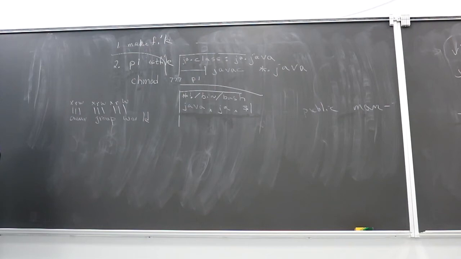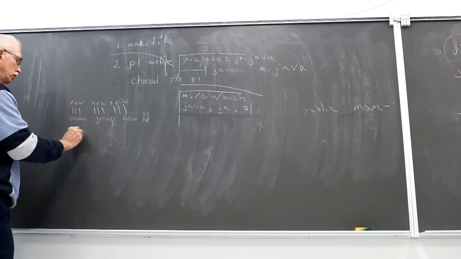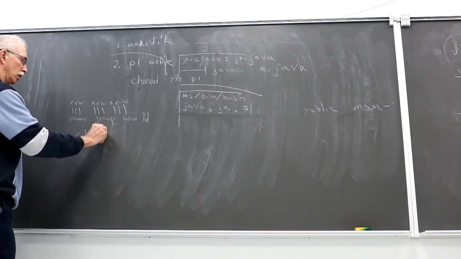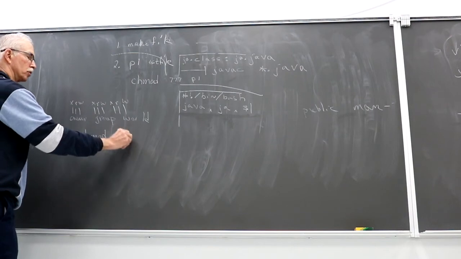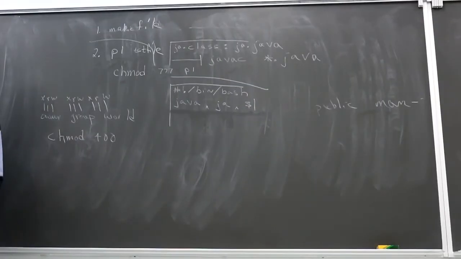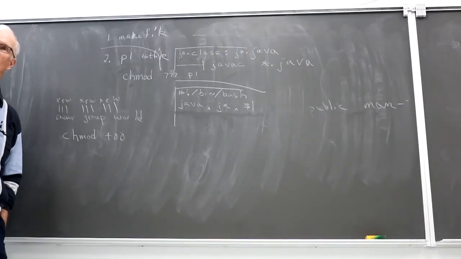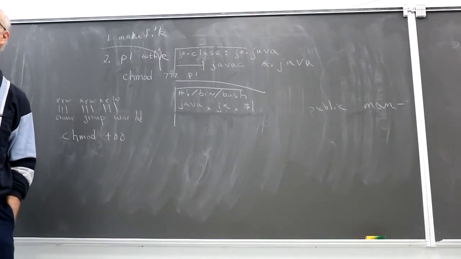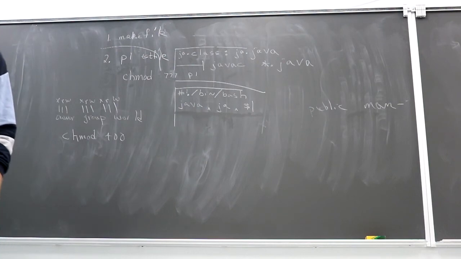What I really only need is change mode 400. That would do it. That would make the file executable for me, who becomes the owner when you submit the project. I become the owner of the project.